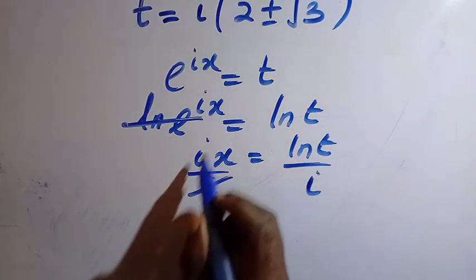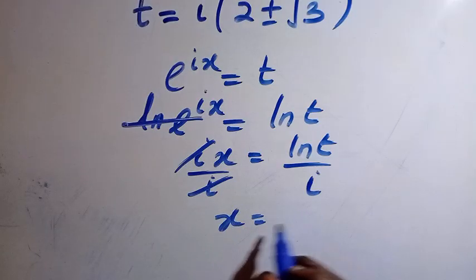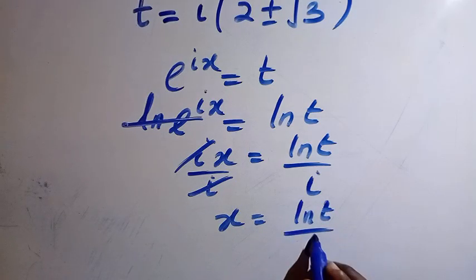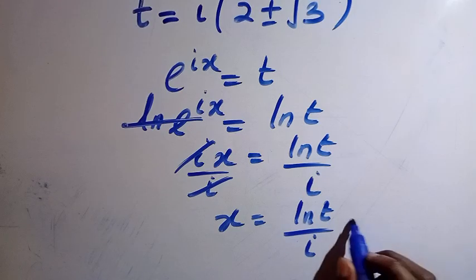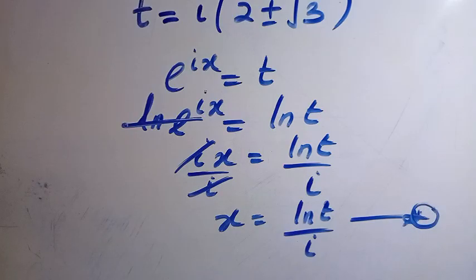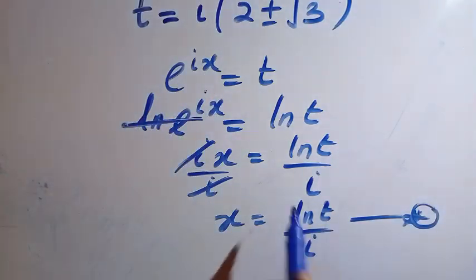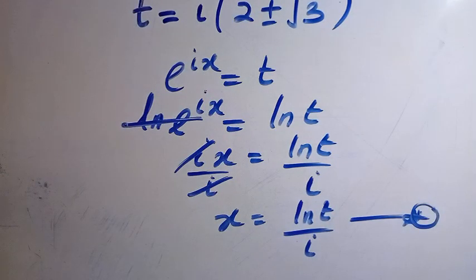So we have x equals ln of t divided by i. So this is what we have for x. This is one way of getting this. And if we cannot apply this, we can firstly substitute exponential of ix directly here as t, then we later take the logarithm of both sides.